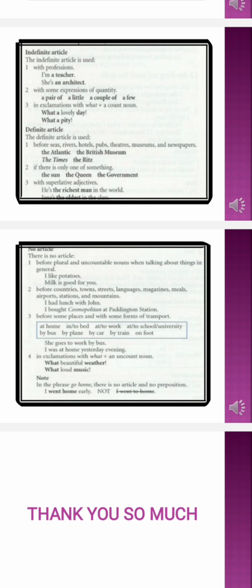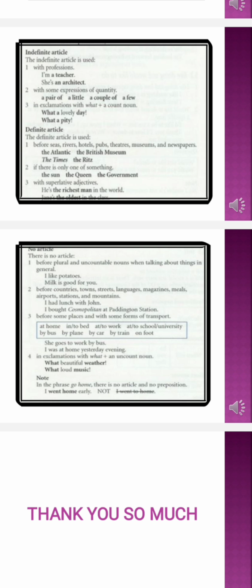By bus, by plane, by car, by train, on foot. Another example, she goes to work by bus. I was at home yesterday evening.